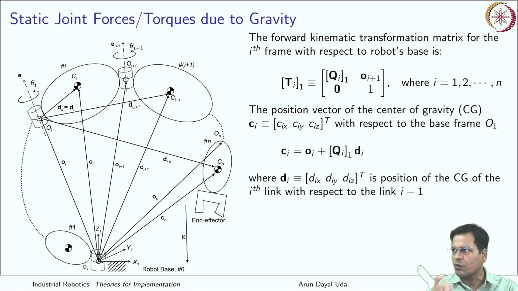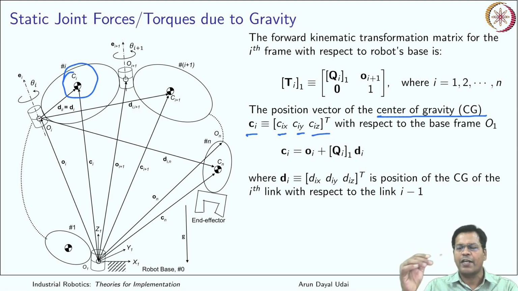Moving ahead, the position vector of the center of gravity, that is this location, is equal to [Cix, Ciy, Ciz]. i represents the link number. It is transposed because I have written it in horizontal fashion, row-wise. So it is effectively Cix, Ciy, Ciz in column format with respect to the base frame O1, which is here.